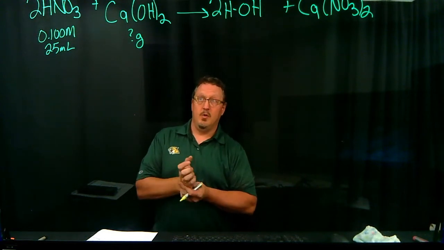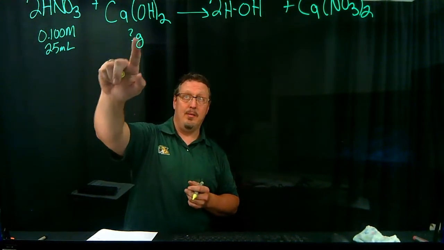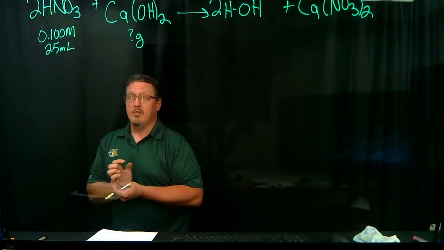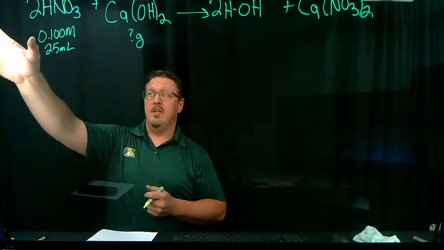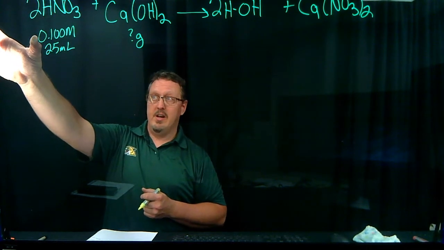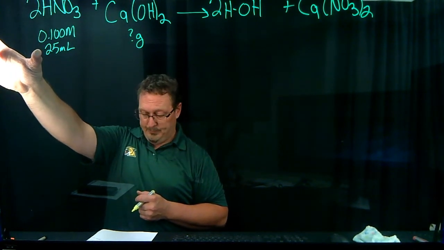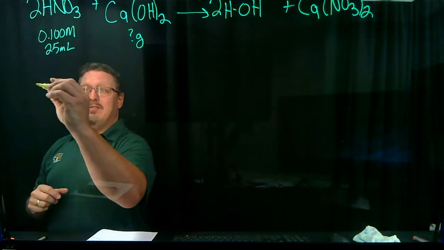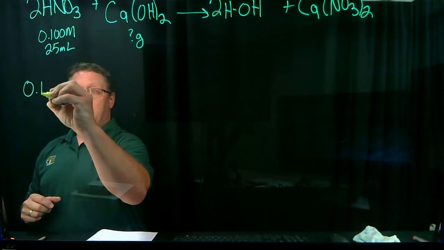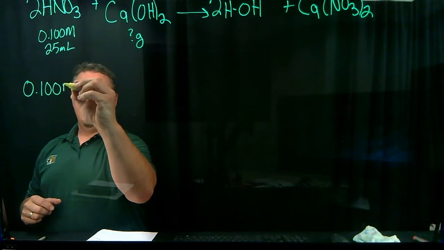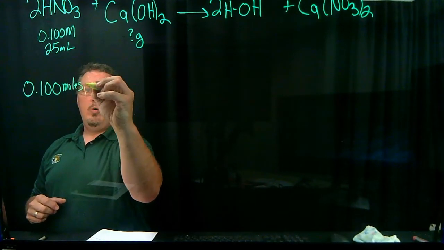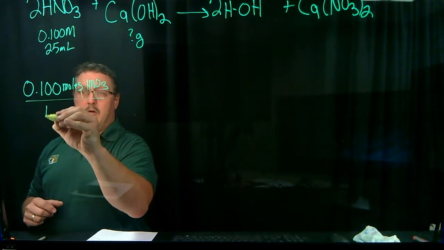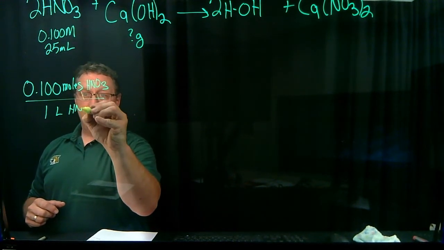In the end, I have to end with grams of calcium hydroxide. So let's start with what we know. I have a molarity and I have a volume. Molarity is moles per liter, so I'm going to write this as 0.100 moles of HNO3 over 1 liter of HNO3.